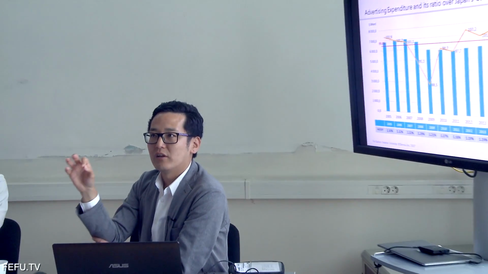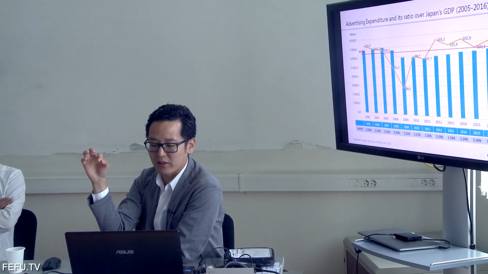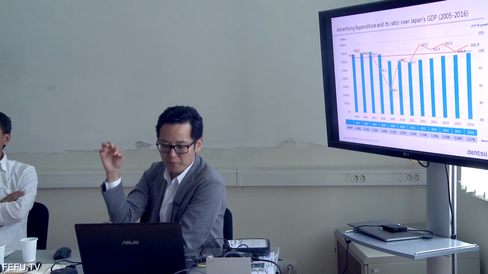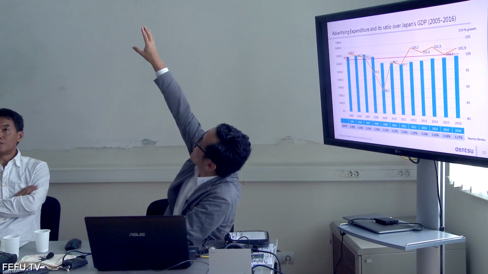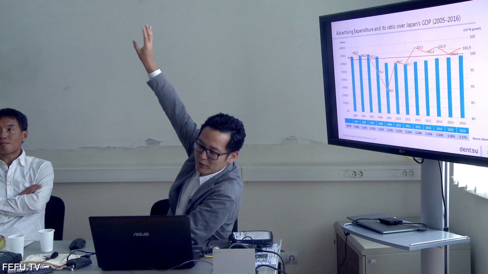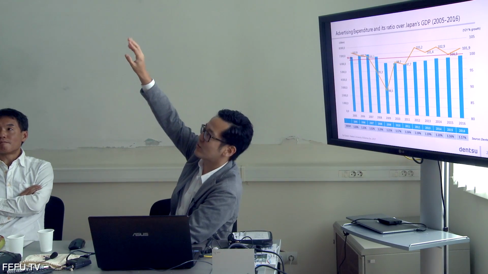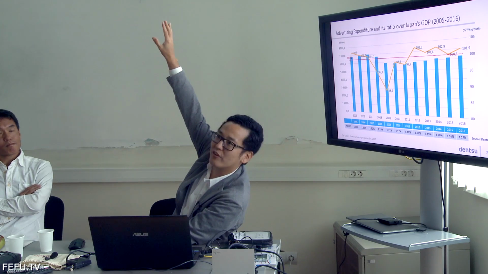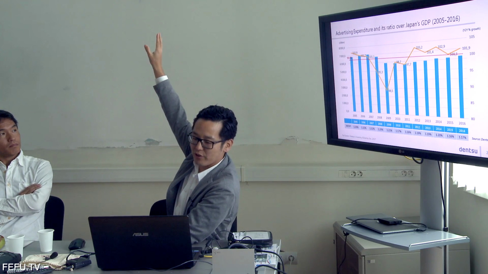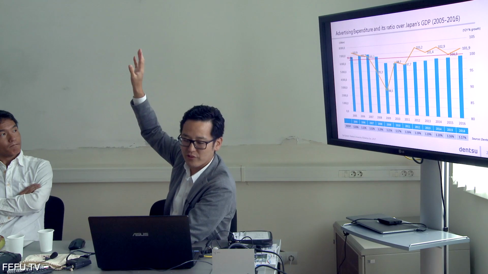But Japan is now kind of matured, and we have a low growth rate. It's again very related to the GDP. So as you can recognize, the total advertising expenditure is stable or even slightly decreasing since 2007.